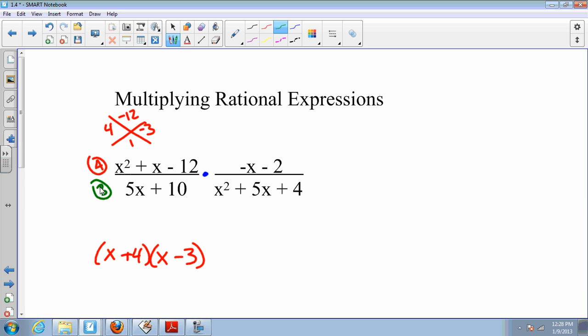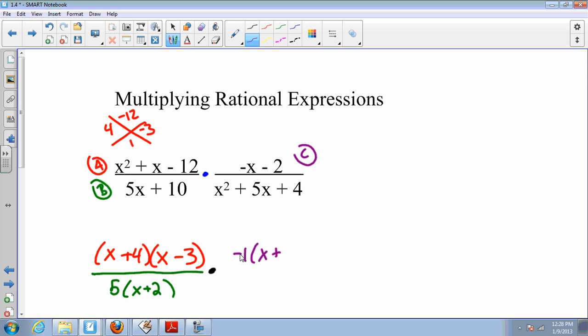Section B, lower left, 5x plus 10. It's a binomial, so you look for the GCF, which is 5. Take out the 5. You have x plus 2 remaining. Top right, C, negative x minus 2. Take out the negative 1.